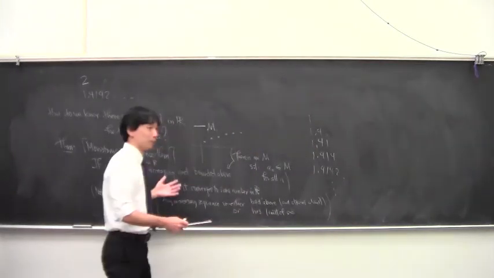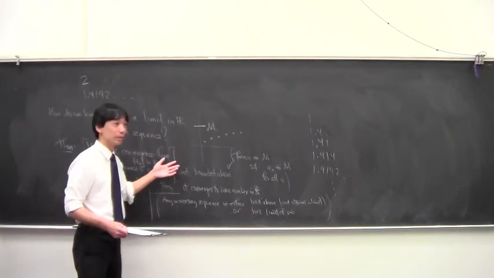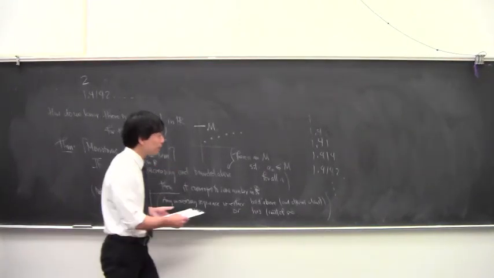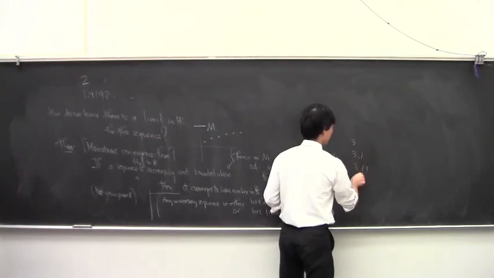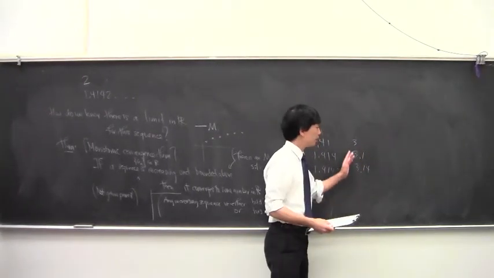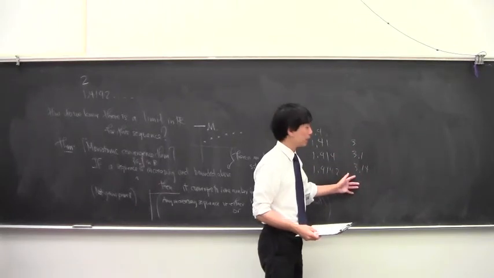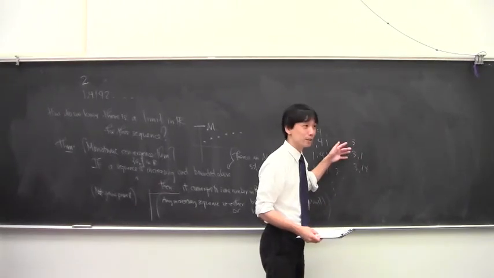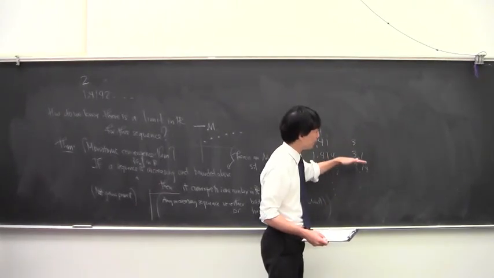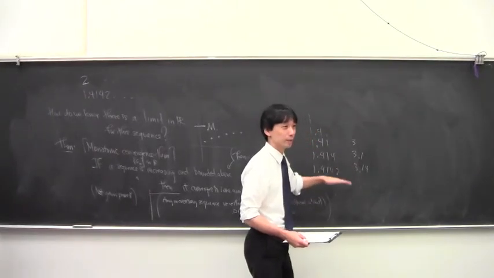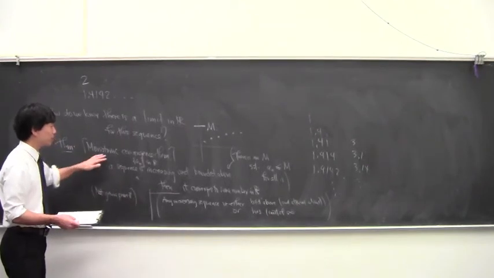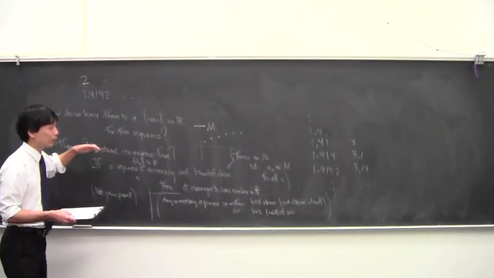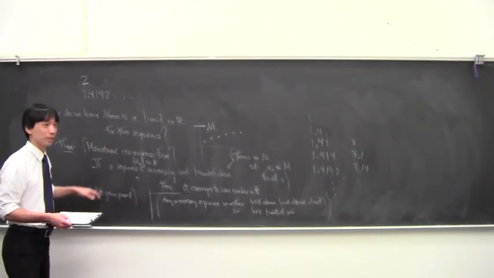Well, by the monotonic convergence theorem, yes, there is. If somebody gave you this sequence 3, 3.1, 3.14, etc., and you ask, does this converge to anything? It has to, because it's increasing and bounded above, and so by this mysterious property of the real numbers, there's a real number that actually is the limit.